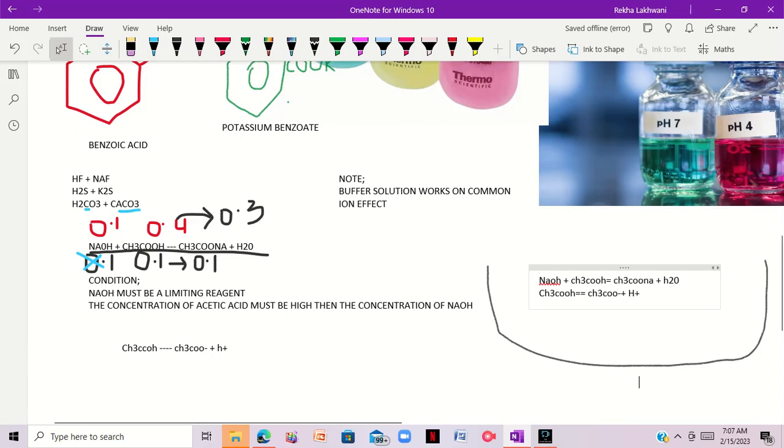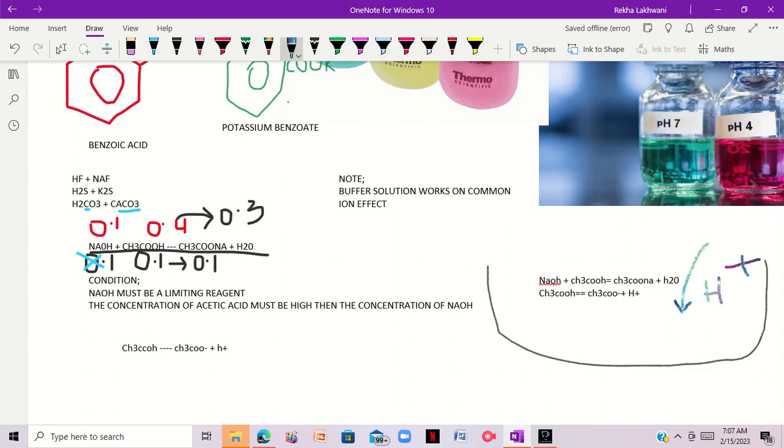So what will happen, let's add hydrogen ions into this. When we add these hydrogen ions, what will happen? This CH3COO minus will join with these hydrogen ions and it will form CH3COOH.